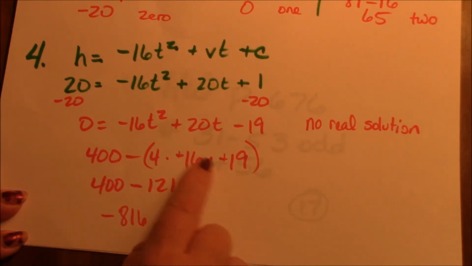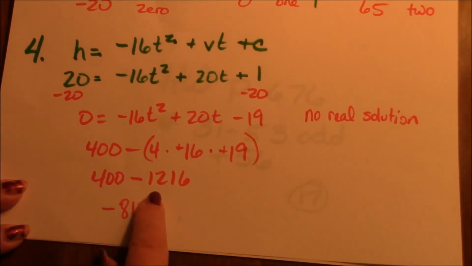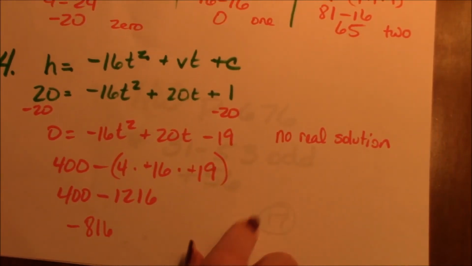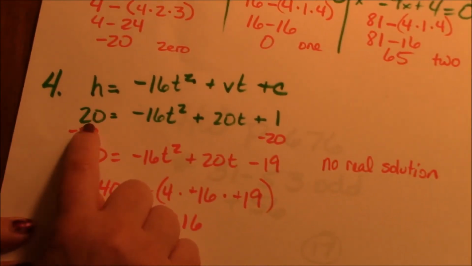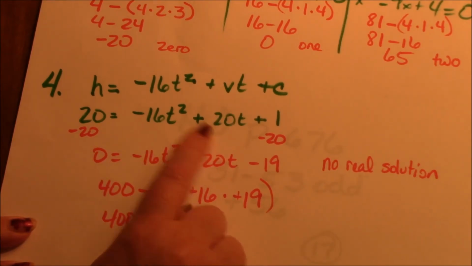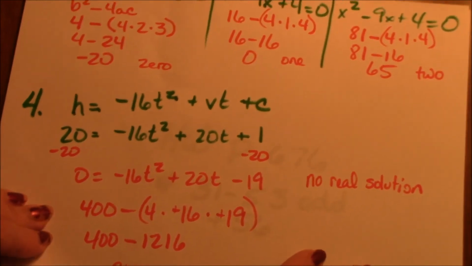We have a double negative that makes a positive here. We have 400 minus 1216. So we ended up with a negative number here, which means there's no real solution, which means that bell went up, but it never did hit that 20-foot mark. This didn't work. This wasn't enough to make this equal. So there is not a solution here.